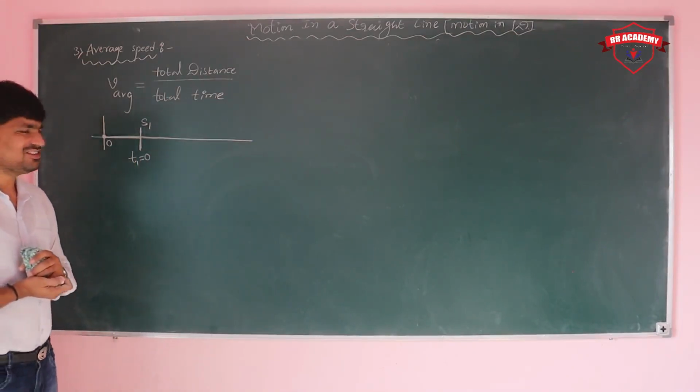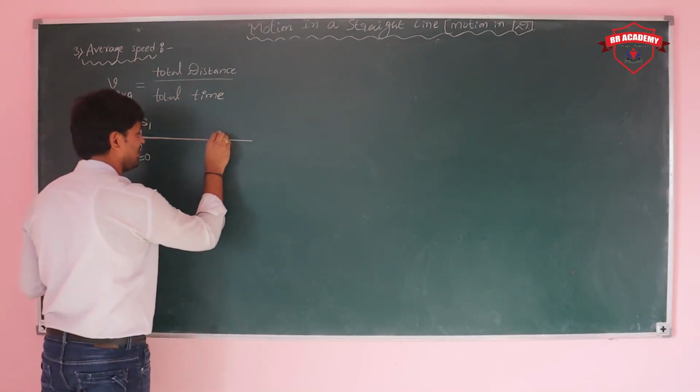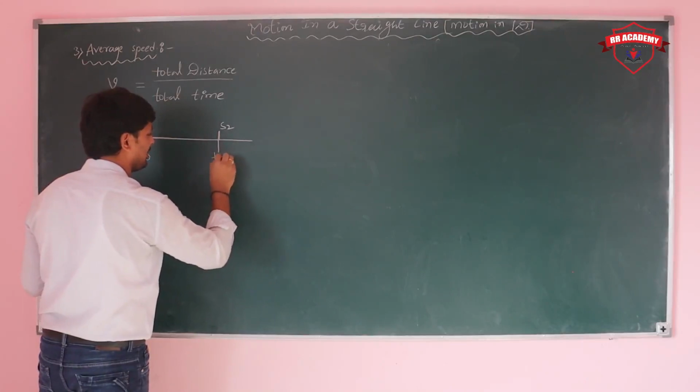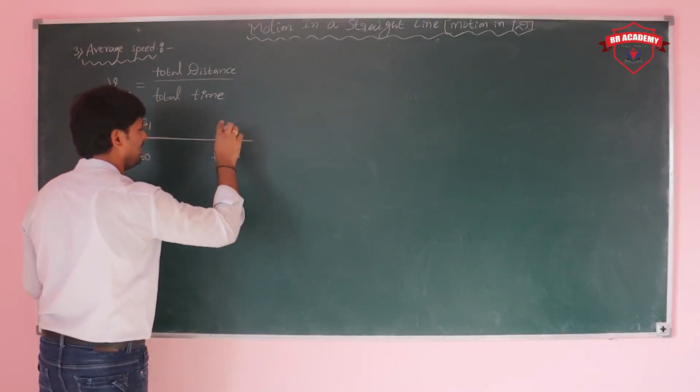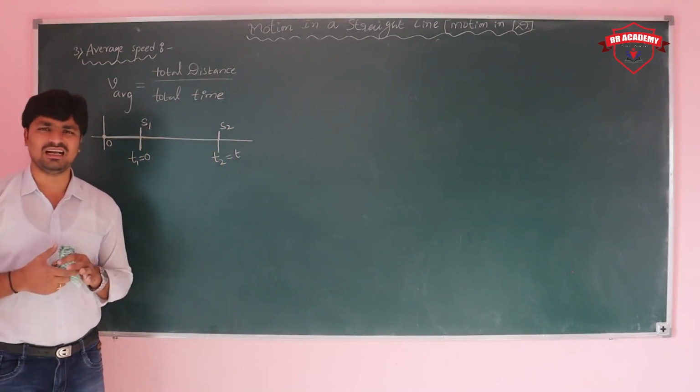As time changes, the particle position changes. After t seconds, the position of the particle is somewhere here. Now actually what is the distance traveled by the particle?